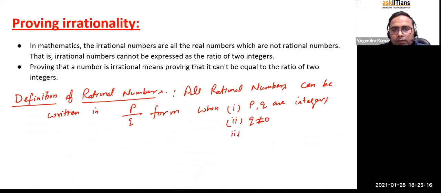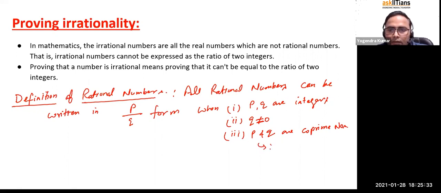And third point, p and q are co-prime numbers. Okay, co-prime means they do not have a common factor, right?